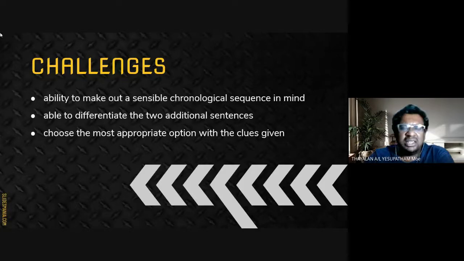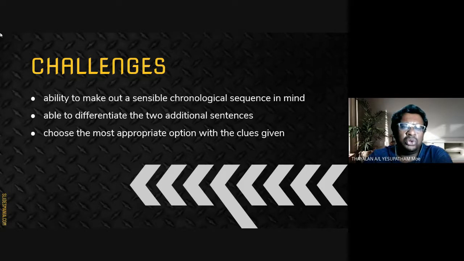The first challenge really is the ability to make out a sensible chronological sequence in mind. You should be able to see the order in which the particular text is written, albeit the gaps. That's number one.